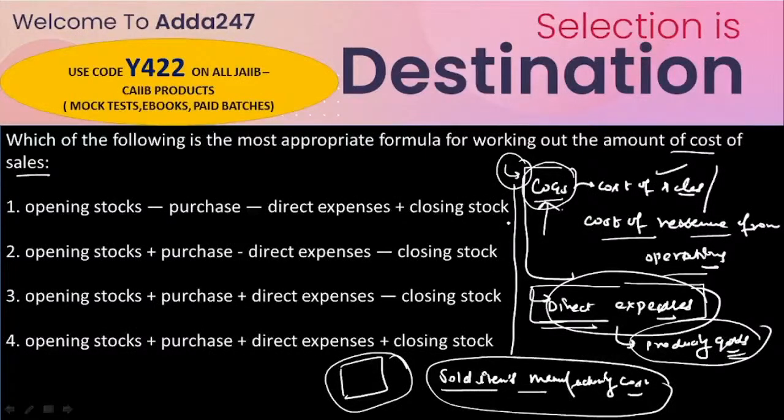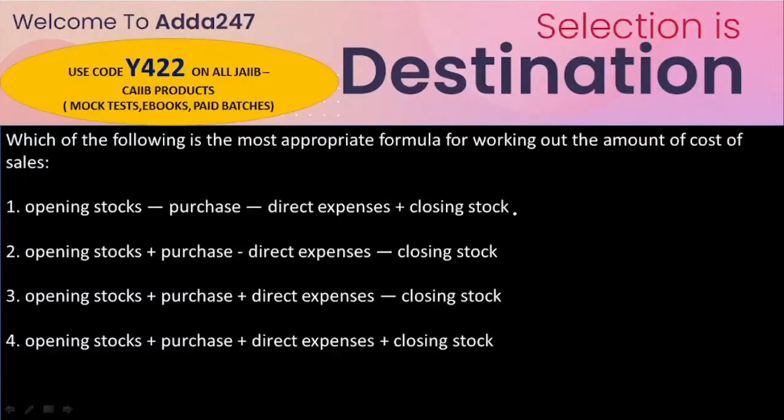Now understand all the direct expenses related to producing the goods in our factory, because they are very important. The cost of raw material is a direct expense. Any cost of the parts used to make the product is also a direct expense.